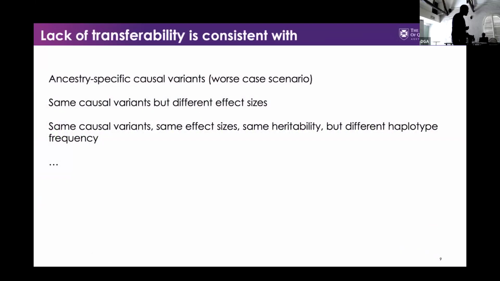If we think about this phenomenon of lack of transferability, it is consistent with a lot of potential explanations. The first one is that we have ancestry-specific causal variants. I would argue that this may be the worst case scenario, because if that's true, the only way to reduce the gap is to generate data from those underrepresented populations.